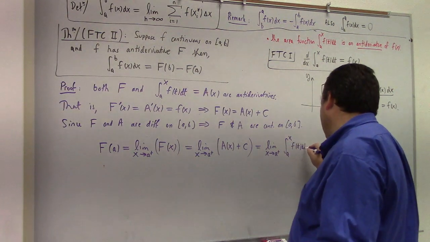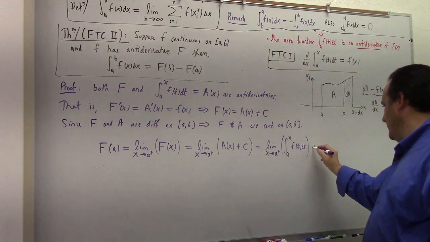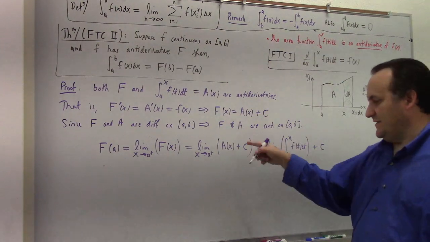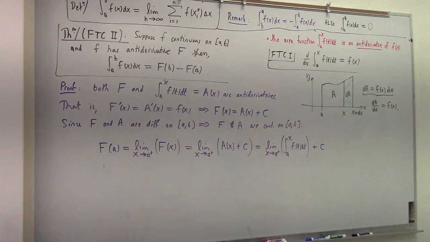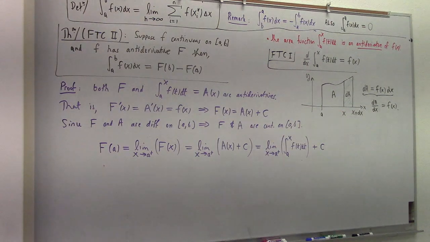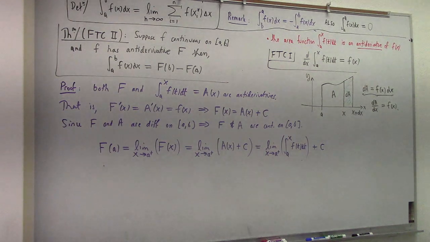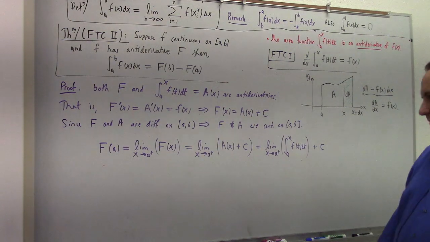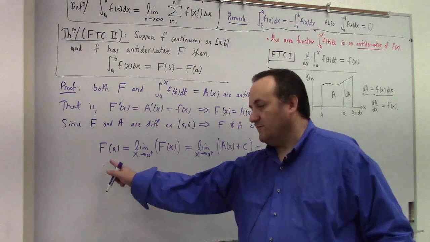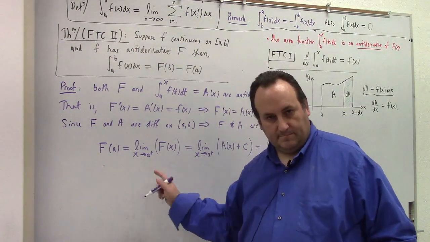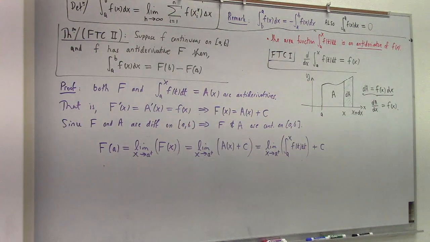So what happens to that? What can you say about this limit? And plus a constant, right? That's a constant. The limit of the constant is just the constant again. Properties of limits, limit of the sum is the sum of the limits. But what can you tell me about this one? Here I'm using the continuity, that the value of the function is equal to the limit of the function approaching the point.